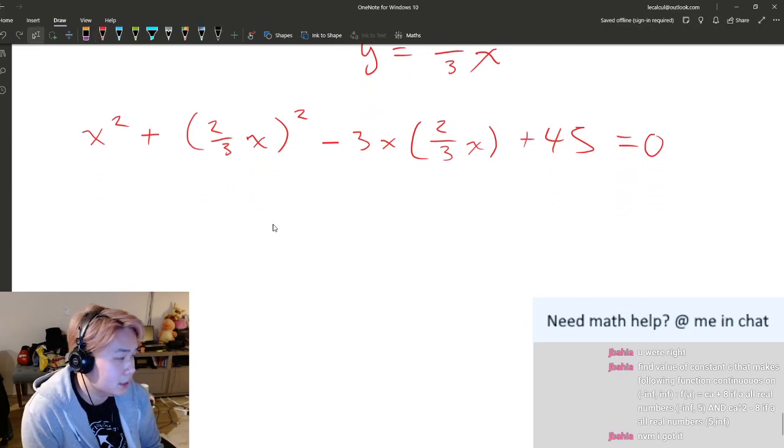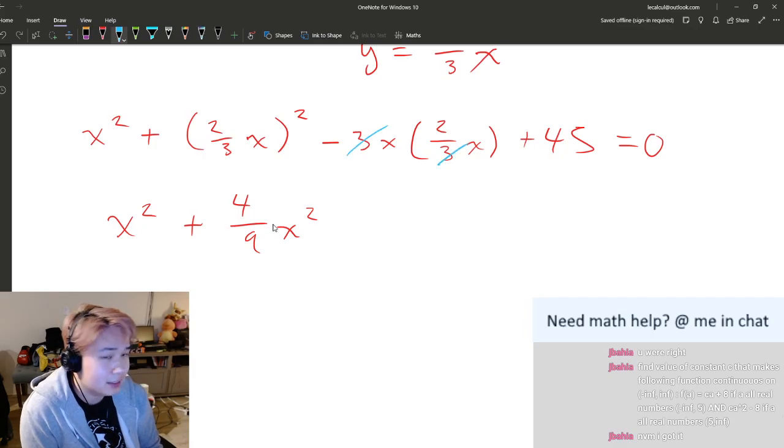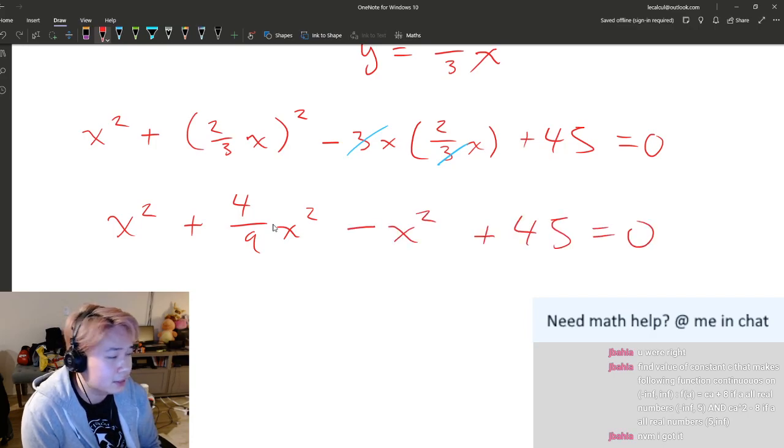And then, well, we can just solve for x pretty straightforwardly. We have x squared here. We have 4 over 9 x squared here. This 3 multiplies with that fraction, and then the 3's cancel out. So we have minus x squared plus 45 equals 0.